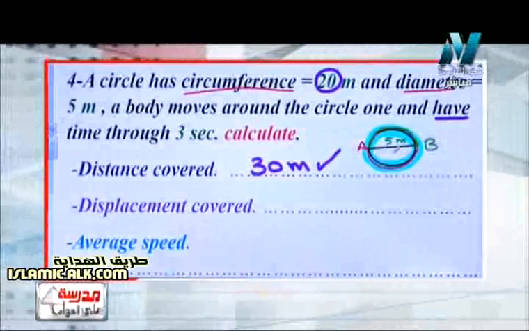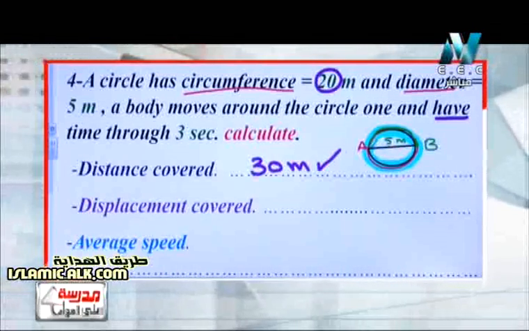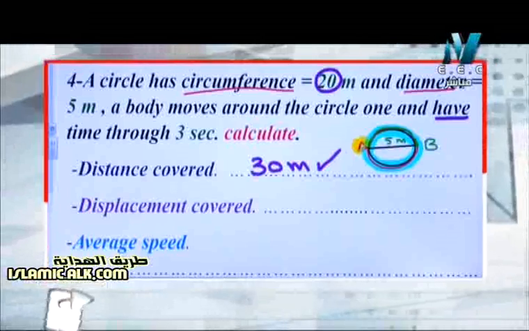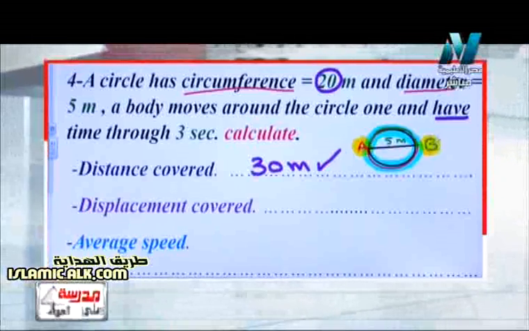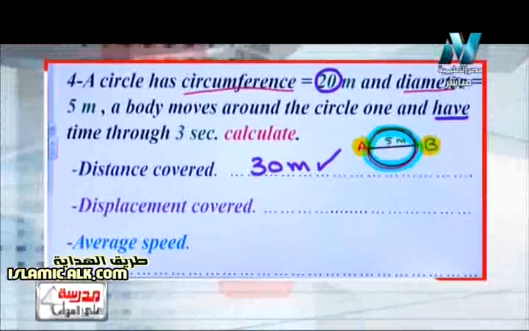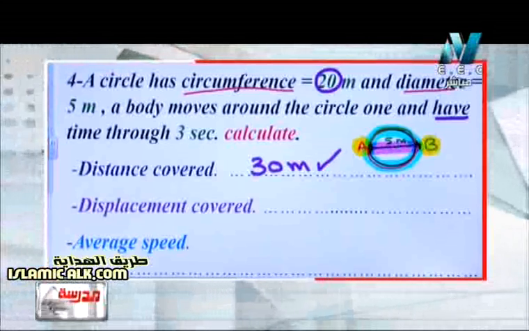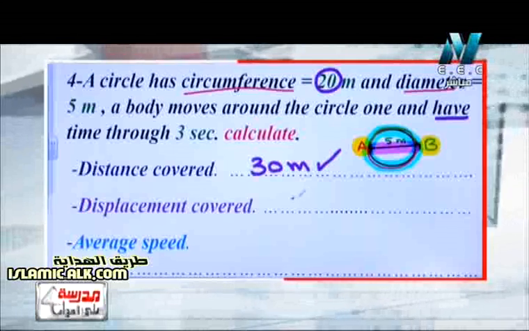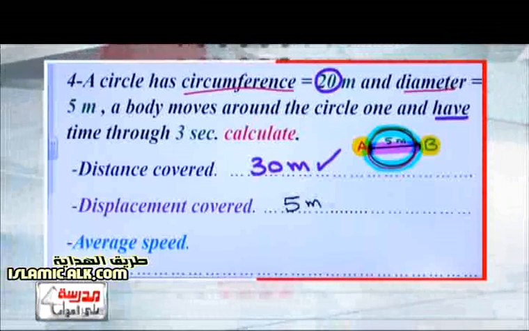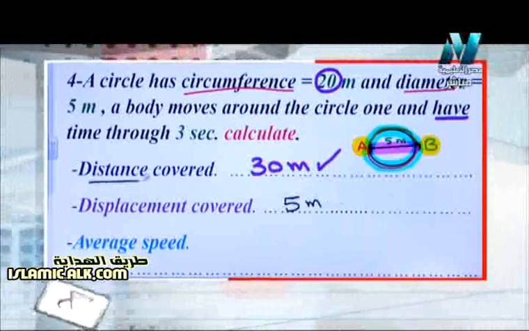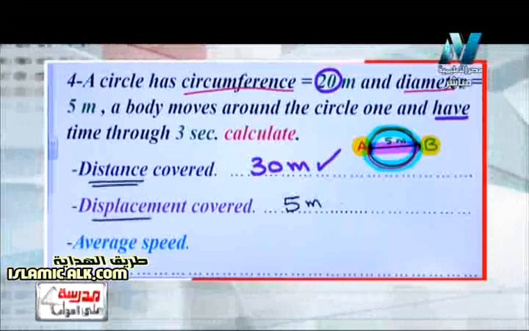Displacement is the shortest straight line between the starting point at A and the ending point at B. So the displacement in this case equals 5 meters. We calculated number 1, distance covered, and number 2, displacement covered.